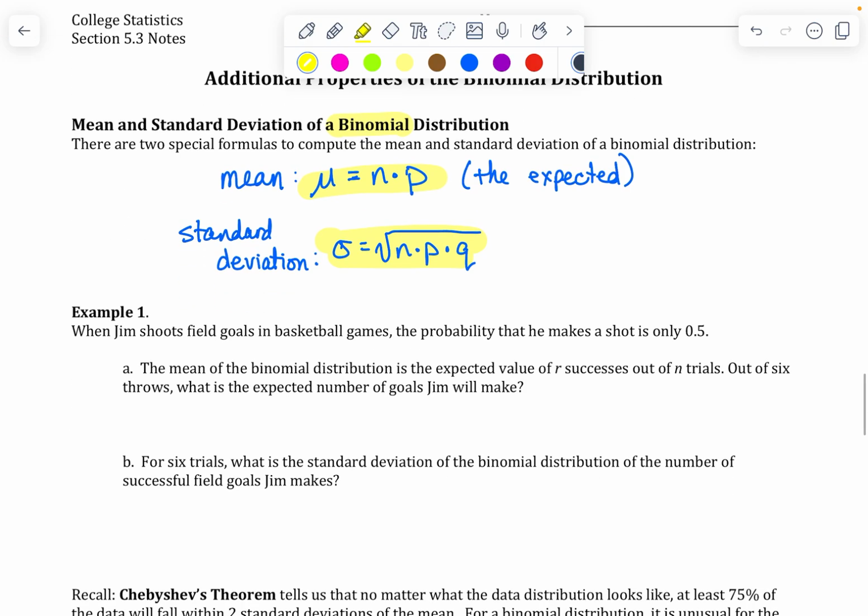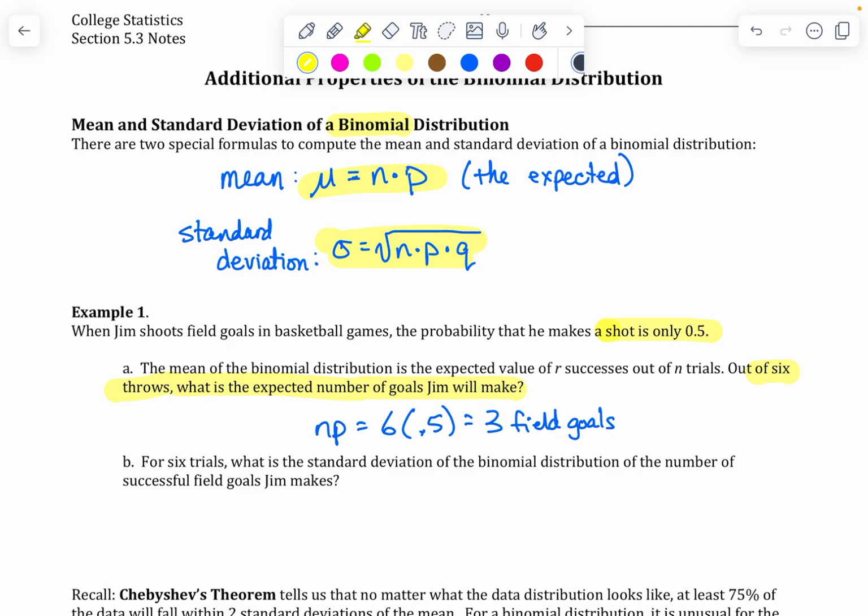So here's that example I was kind of referring to before, a basketball example. Let's say he's a 50% shooter, right? So out of 6 throws, what's the expected number of field goals he makes? It's simply n times p, 6 throws, 50% make. He should make 3 field goals, right?